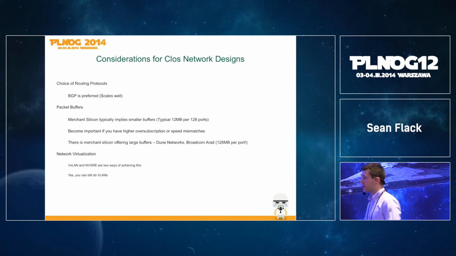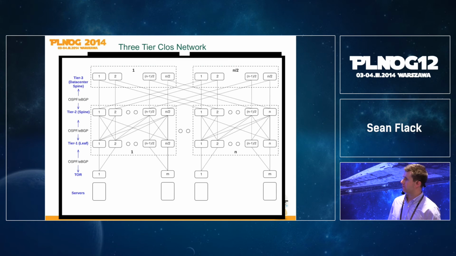Now, one issue in the enterprise really is how do we get layer 2 traffic across the network? If we go back to the diagram again, imagine we have a VM over here and a VM over here, and they need to have layer 2 adjacency. How do we get the traffic from one side of the layer 3 fabric to the other?